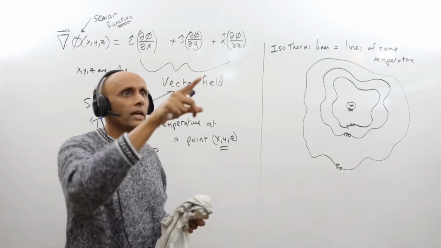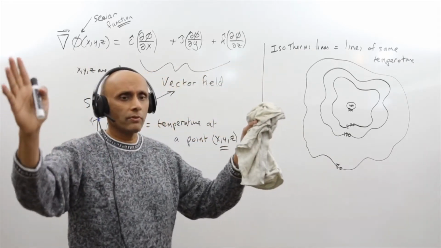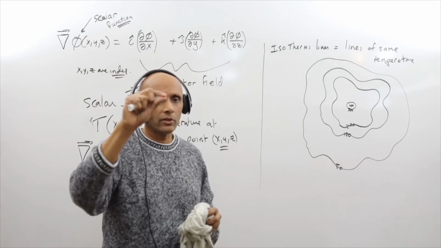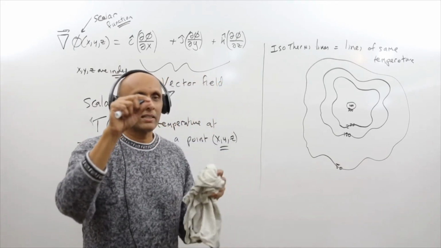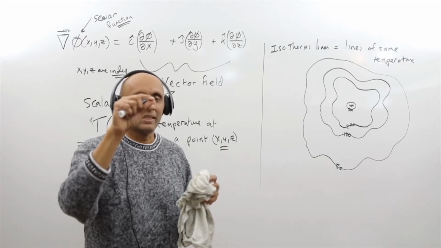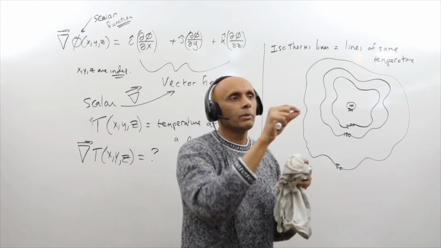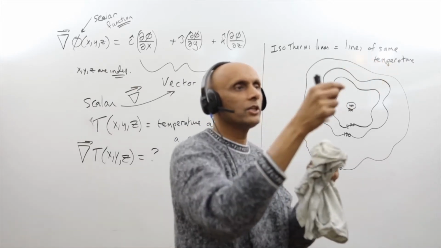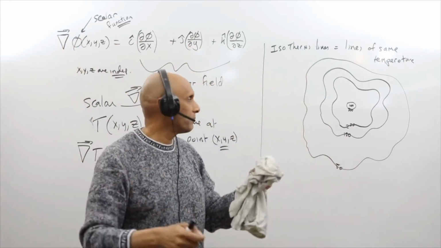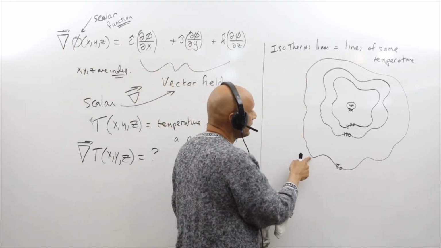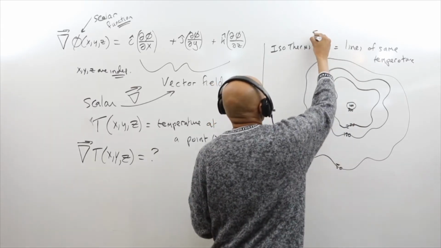At different points in this room, the temperature here might be, let's make it 25 Celsius, pretty warm. So it's 25 Celsius, next point is 25 Celsius, next point is 25 Celsius. But as I get closer to the heating element, it should be a little bit warmer. I'm looking at these surfaces that have the same temperature. So this is an isothermal line, but if it was in three dimensions, we'd call this an isothermal surface.